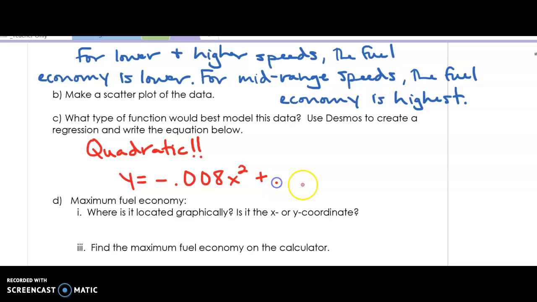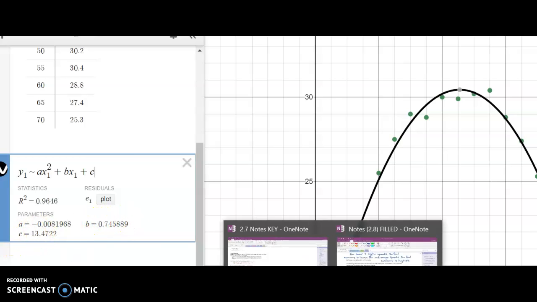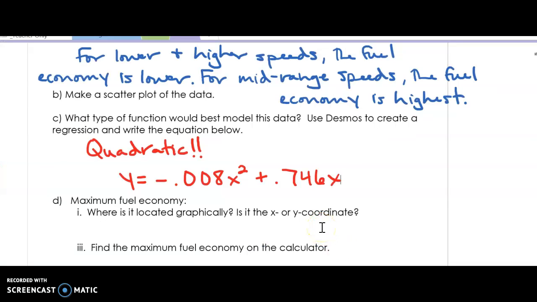Plus 0.746x. Again, that is coming from my B value here, because my B is going in front of my x, 0.746x, plus 13.47. That is my C value, plus 13.472. And that is my regression equation for this data.